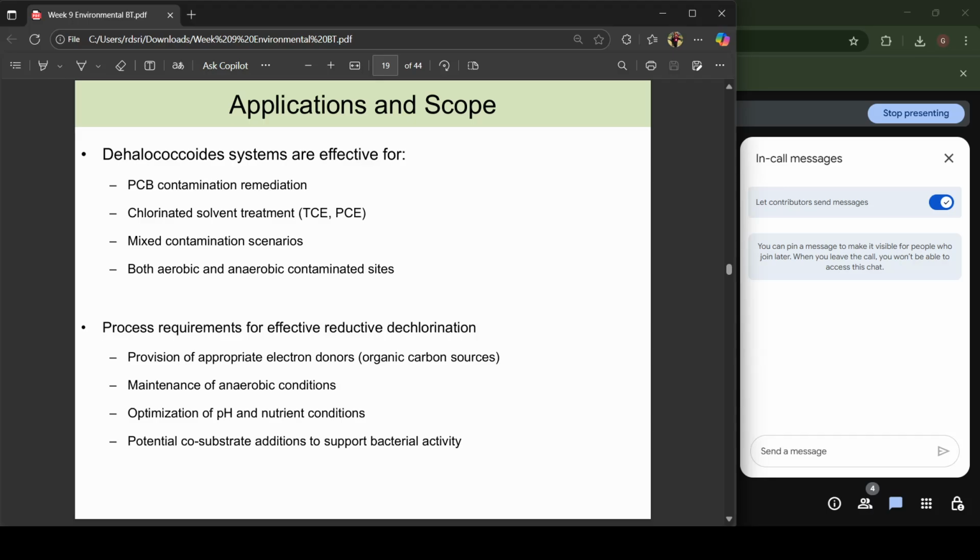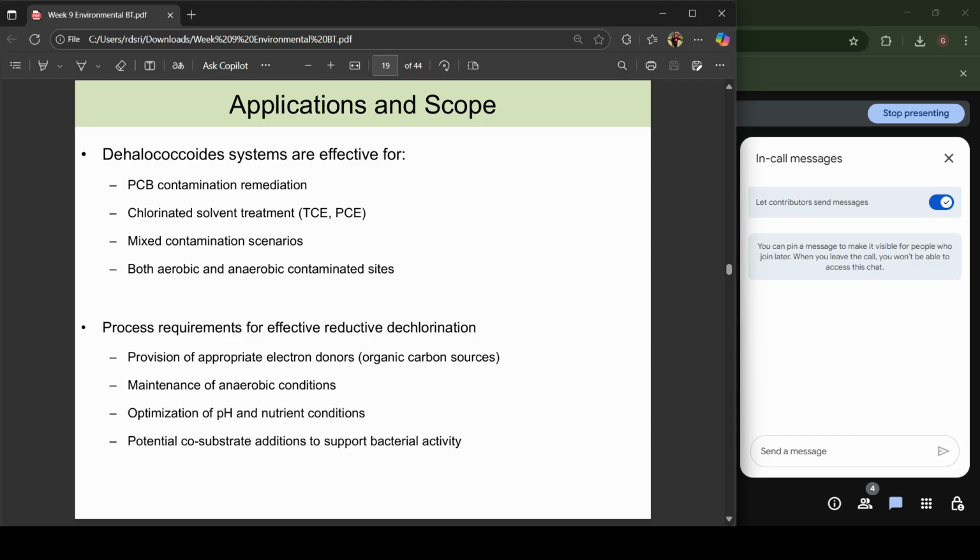The process requirements for effective reductive dechlorination include the provision of an appropriate electron donor, maintenance of anaerobic conditions, optimization of pH and nutrient conditions, and potential co-substrate addition to support bacterial activity.